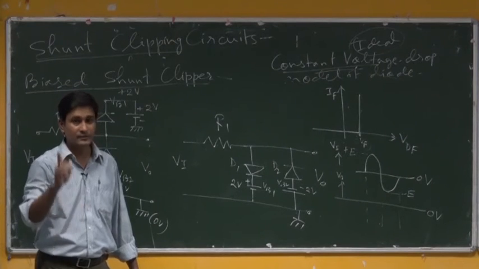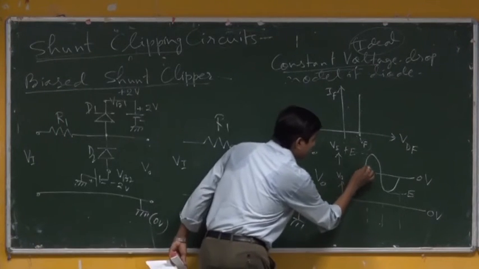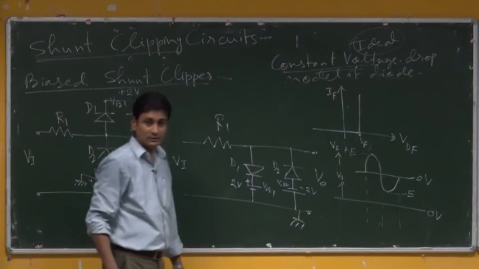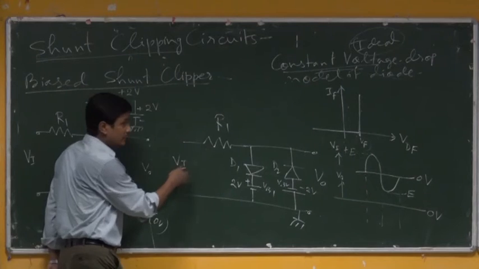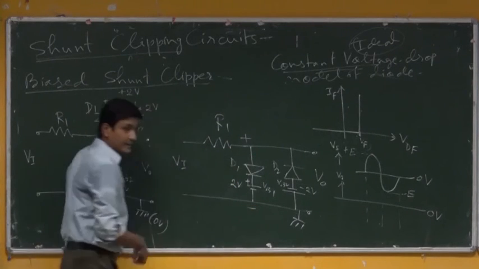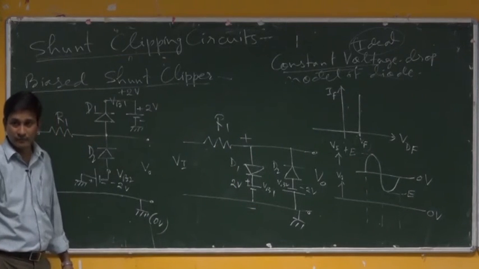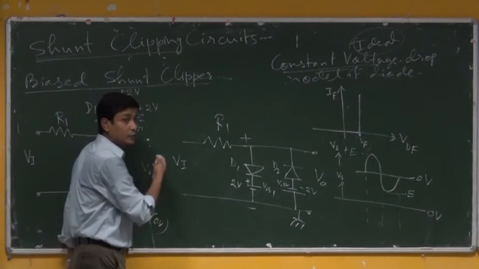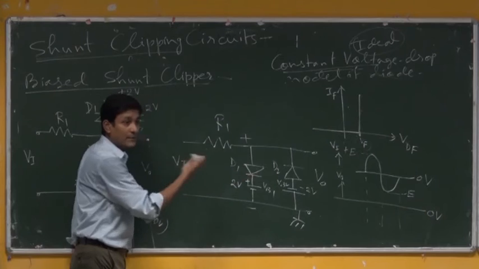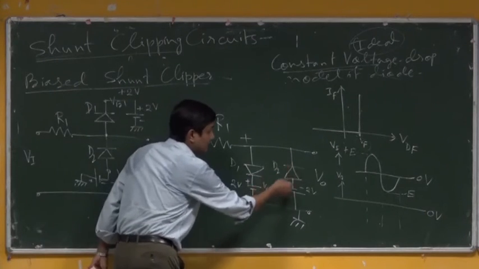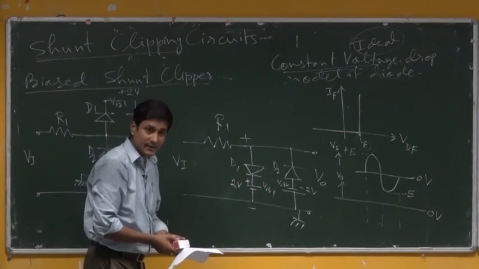Fine. Let's move to the positive side to analyze. If a positive voltage is coming here, that means plus here, minus here. So that potential, if it went directly to the diodes, what would happen to it? First of all, this diode would be open circuited.